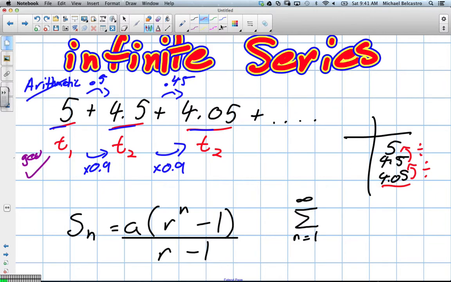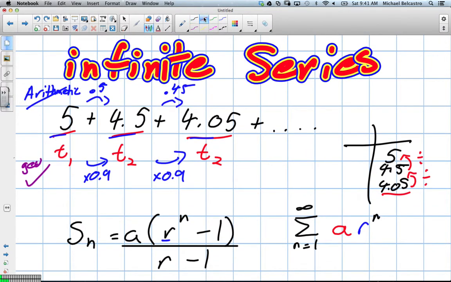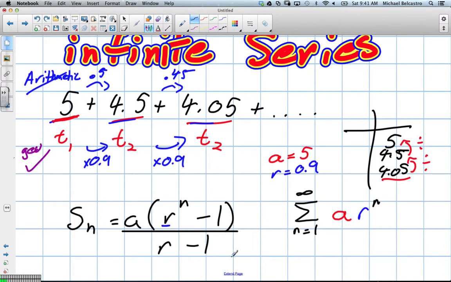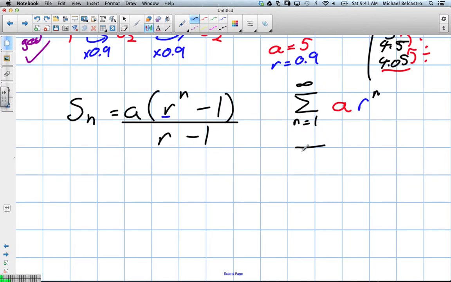Usually exponents are written with A and a value of B, but we'll call it R because it's R in our equation, which is our growth rate, to the power of n. This is our formula here. So we know our A value, which is our starting point, is 5, and our R value is 0.9.